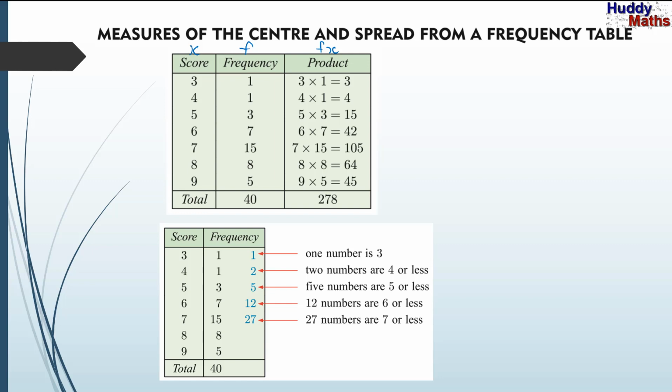Because when you have, let's take this line down here, a data point of 5 and you've got 3 of them, you don't want to do this. Multiple addition. You're going to do multiplication, which is where the word comes from, timesing rather than adding up over and over again.